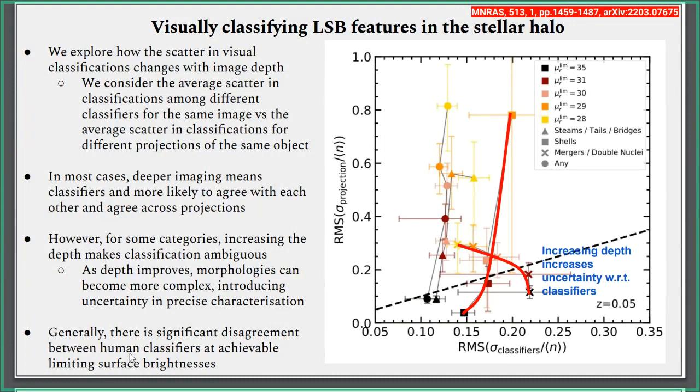So this is how well classifiers agree on the same images, and this is what we get if we average over the actual different orientations.